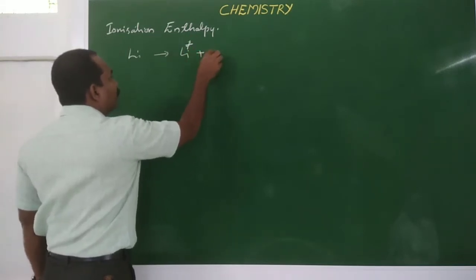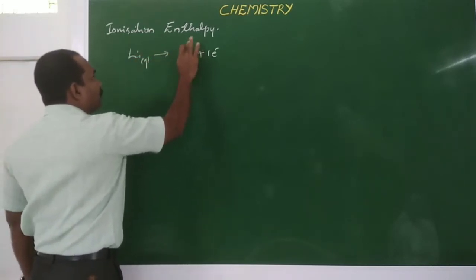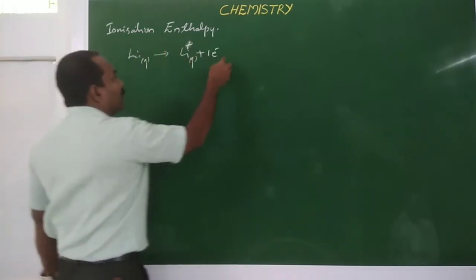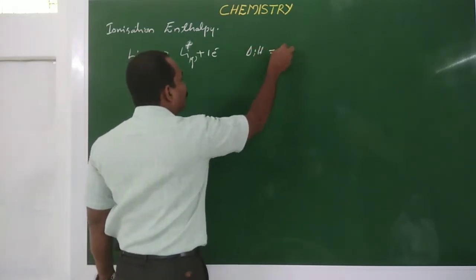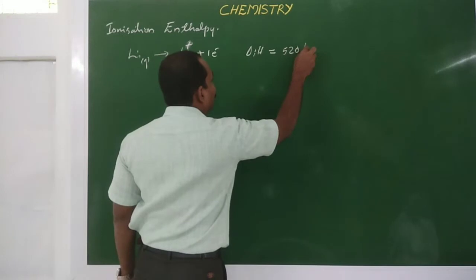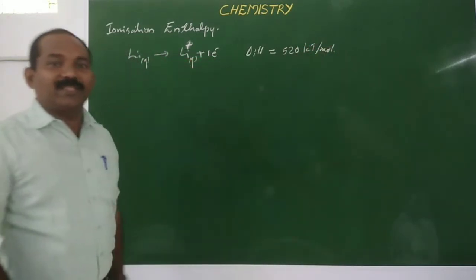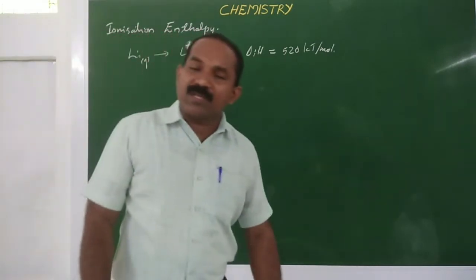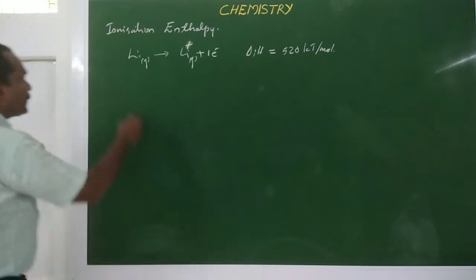Li gas gives Li plus plus 1 electron. Remember that the ion is in gaseous state. The ionization enthalpy is equal to 520 kilojoule per mole. Ionization enthalpy is usually expressed in kilojoule per mole, and also in electron volt.